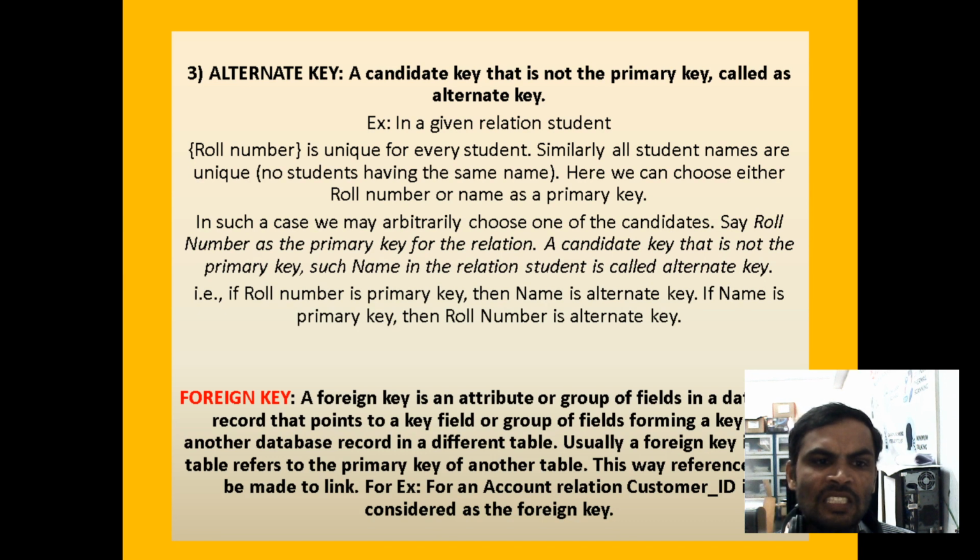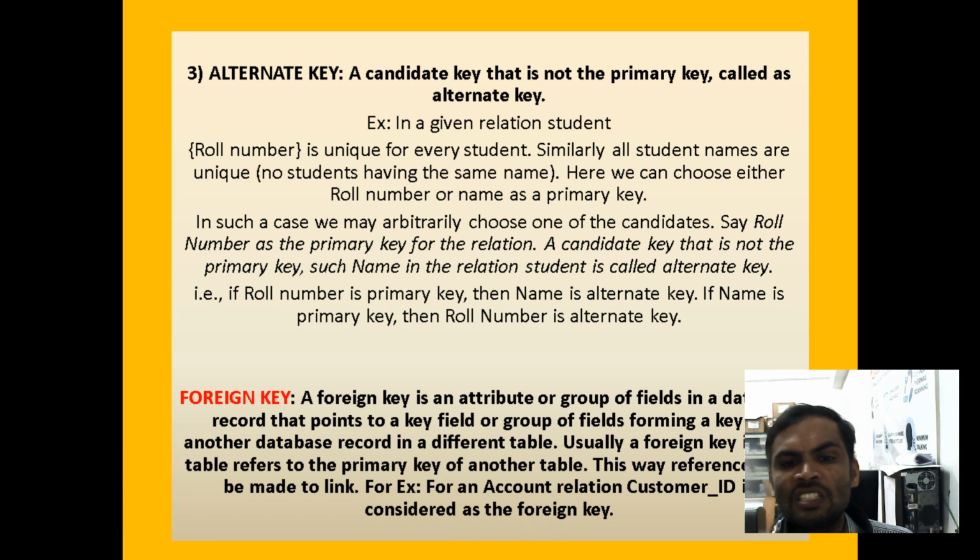In such cases, one arbitrarily chooses one of the candidate keys, say roll number, as the primary key of the relation. A candidate key that is not the primary key, in the relation student, is called an alternate key. We should remember that if you define a candidate key as the primary key, the other candidate key will not be considered a primary key.